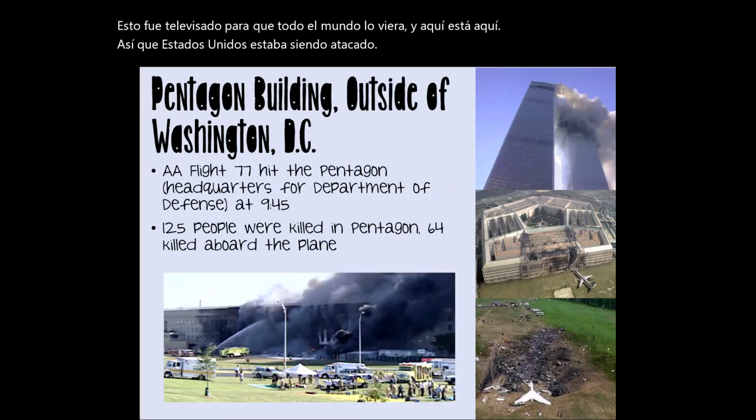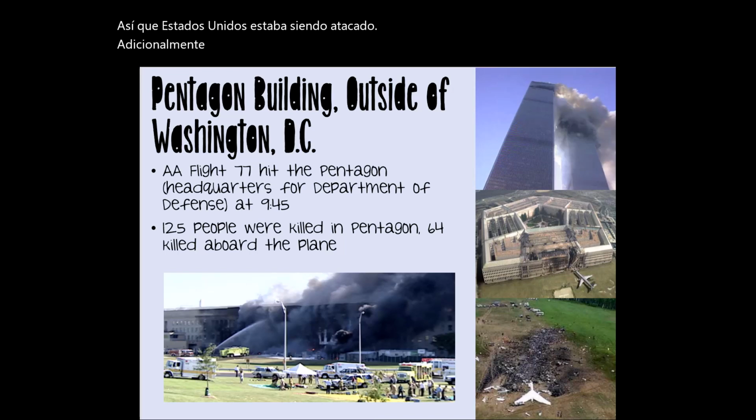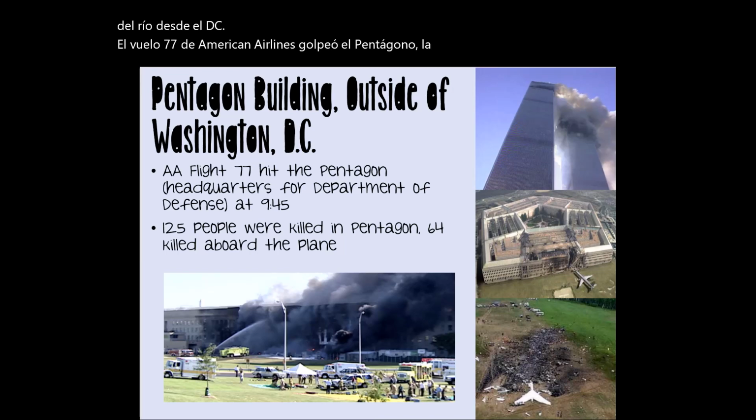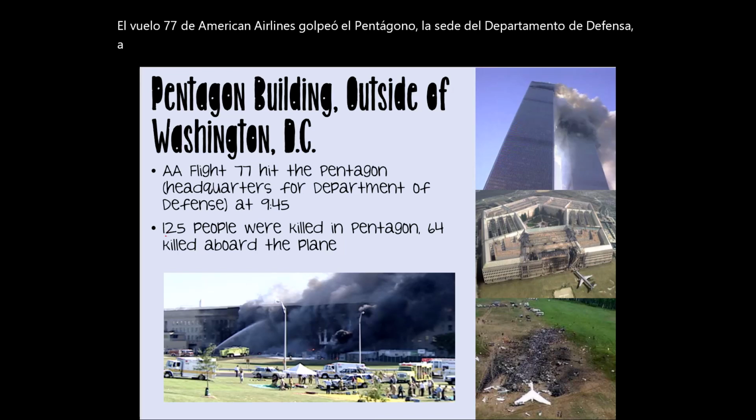Additionally, at the Pentagon building outside of Washington, D.C., and just across the river from the D.C., American Airlines Flight 77 hit the Pentagon, the headquarters for the Department of Defense, at 9:45. 125 people were killed in the Pentagon, and 64 people were killed on board.